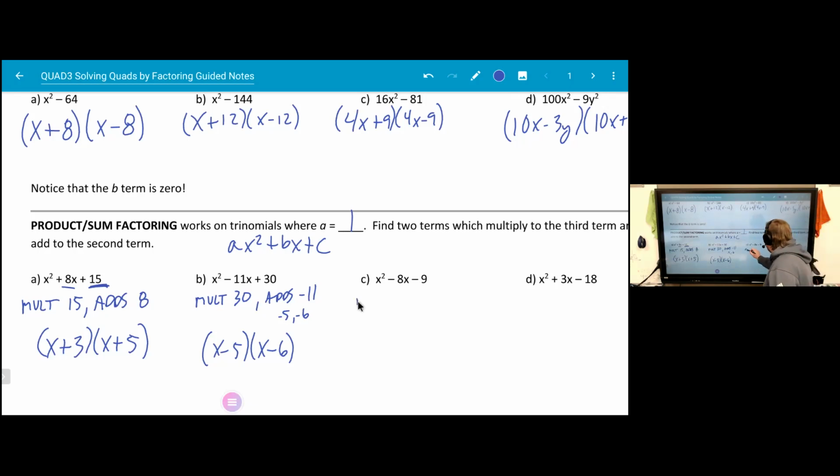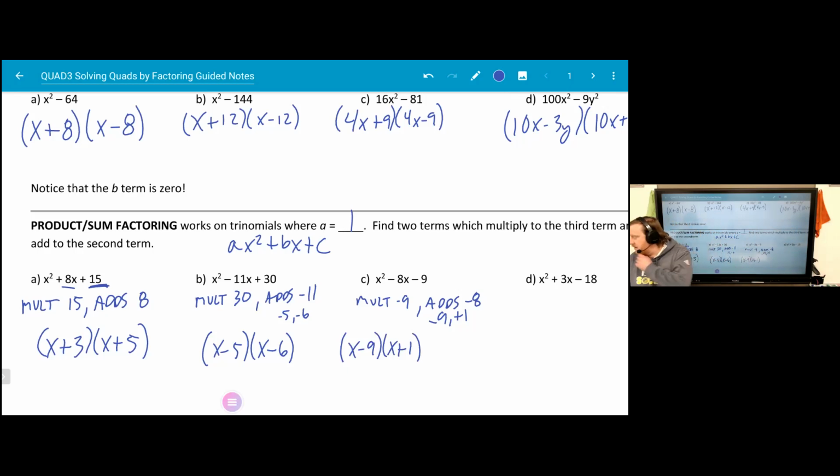How about -9 times +1? Yeah, that works because that multiplies to -9 and adds to -8. So what we would write here is x minus 9 times x plus 1. And you can check it. You can distribute it if you want.